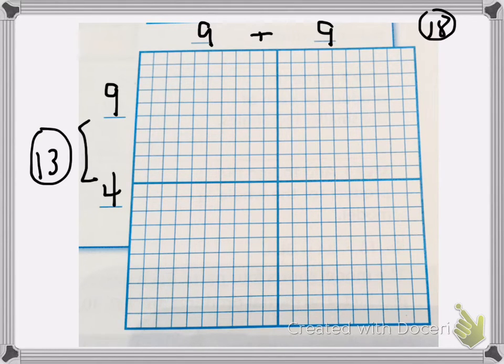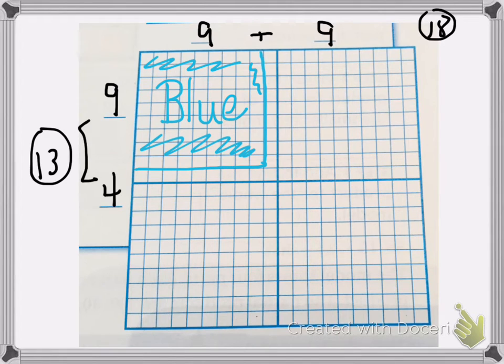So let's get together and start using our colors. 9 times 9, I've cordoned that off in the blue area. And now I'm going to do 9 times 9 again, and that's going to be in my green area.